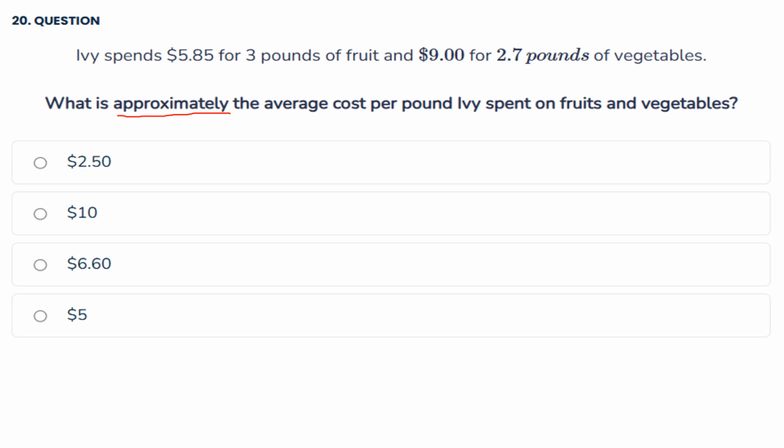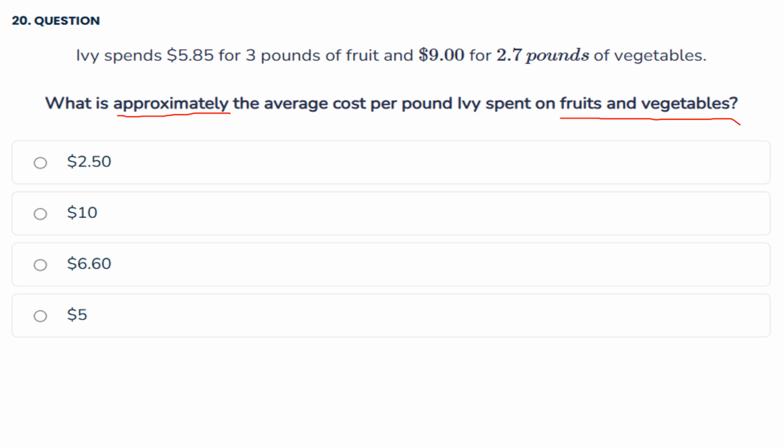And then I see at the end it says fruits and vegetables, so I know some totals are going to be added together. So with that being said, we need to find out what the average cost is. And before we find out what the average cost is, we have to come up with a plan of attack and how we're going to solve it. So we're going to need an equation to use.